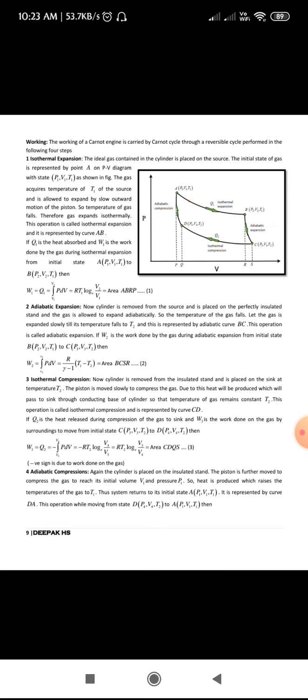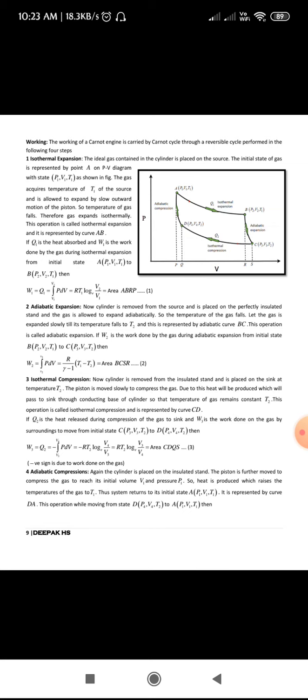Since the base of the cylinder is perfectly conducting, let us say that Q1 is the amount of heat drawn from the source. So as you know, the temperature of the gas increases, right? Correct. So next we will allow the gas to expand. As you know, when the gas expands, the temperature should decrease, right? Correct.